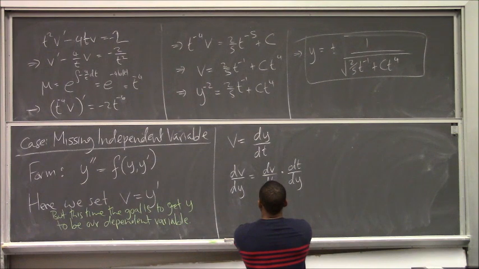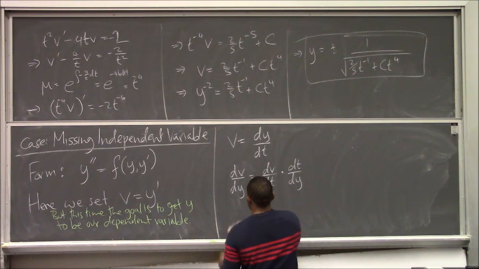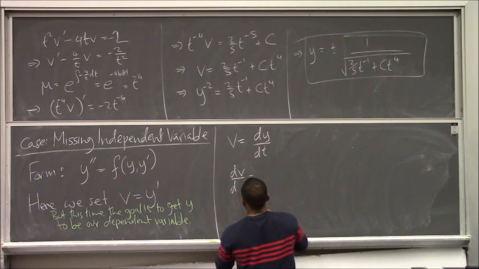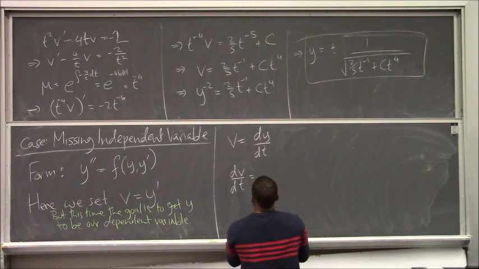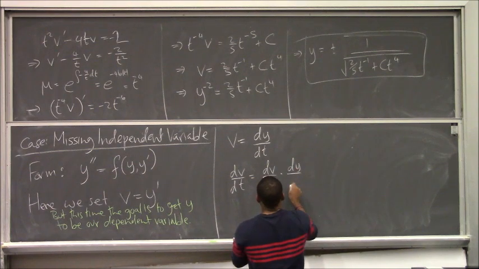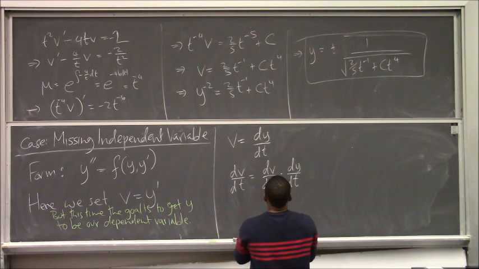If I want to differentiate that with respect to t, dv dy dt. Yes, I think I do want this. That's going to be dv dy times dy dt. Now we can make a couple substitutions.